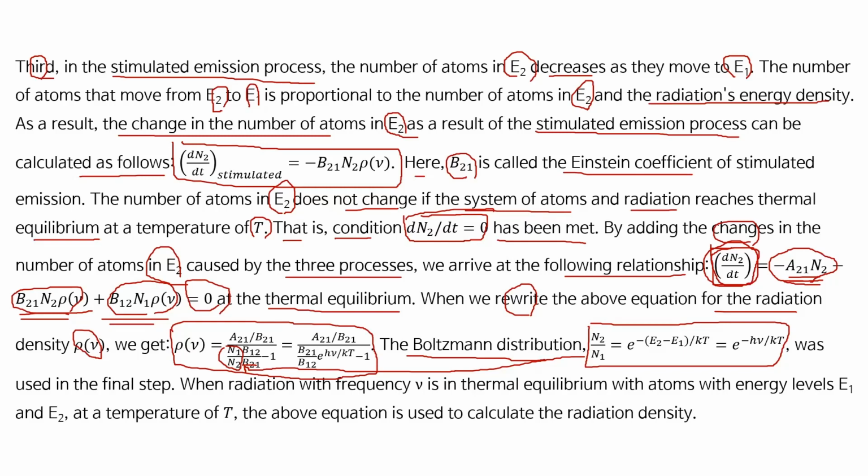So the ratio of numbers in the excited state to the number in the ground state is the exponential of the energy difference over kT, thermal energy. And the energy difference represents the photon energy h nu.